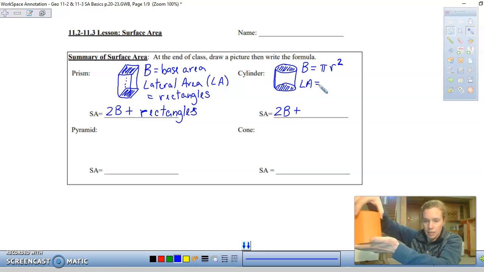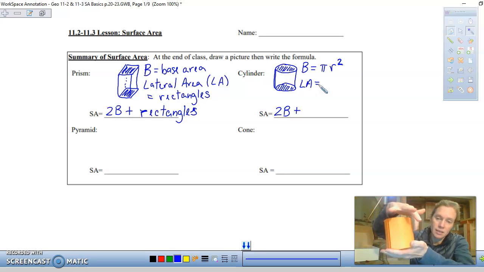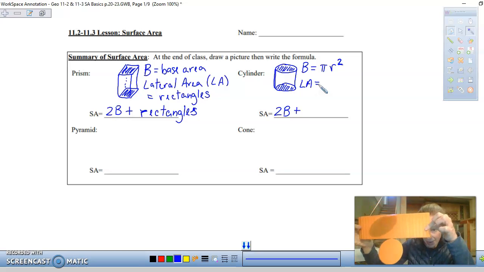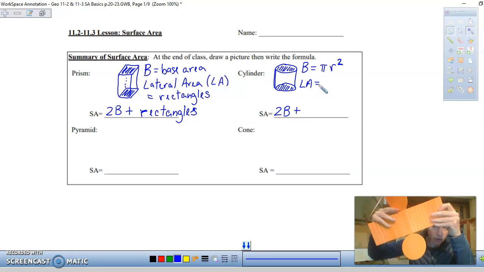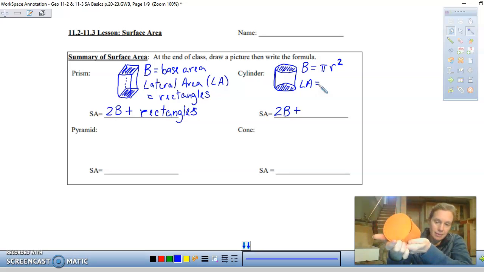And then the lateral part, this part here, if you cut up the side of it and unravel this, it actually becomes a big rectangle. So here we have 2 circles, and then this rectangle, which is the lateral area. And that rectangle basically wraps around the base.